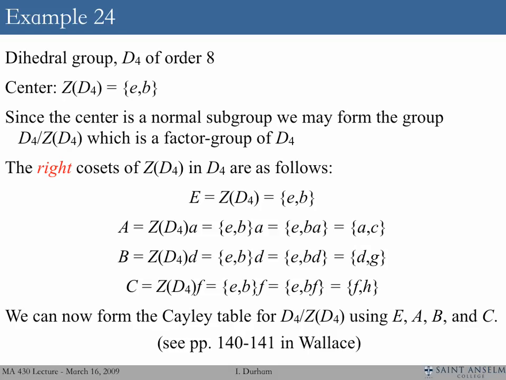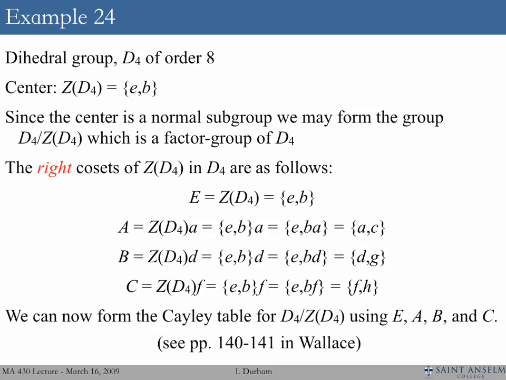And since it's a normal subgroup, we can then form this group that's called a factor group, okay? And it is a factor group of D4. So again, this comes from definition 24, which says if H is a normal subgroup of the group G, then the group G slash H is said to be a factor group of G.